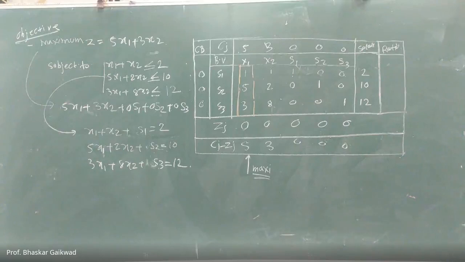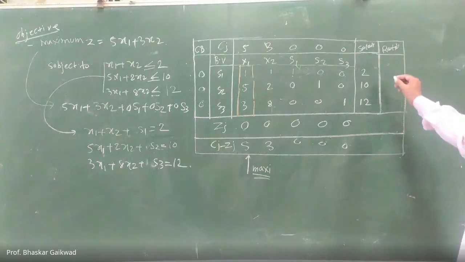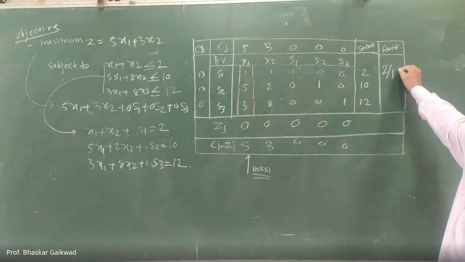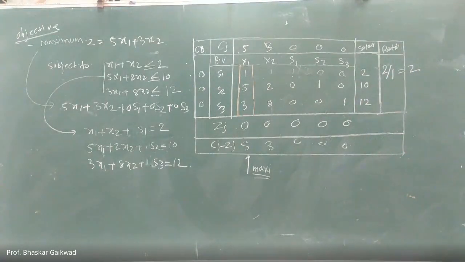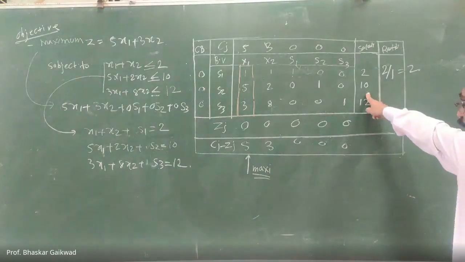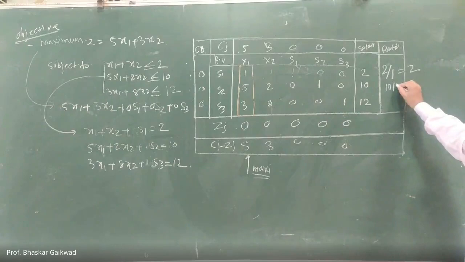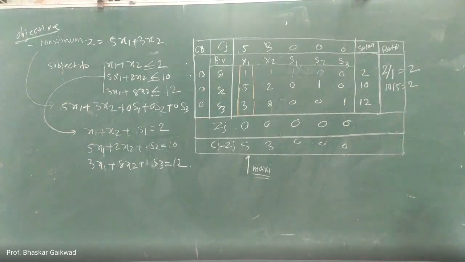So what is here? 2 by 1, so 2 by 1, what is here? 2. Correct. Now 10 by 5, so here it is 10 divided by 5, that is 2.